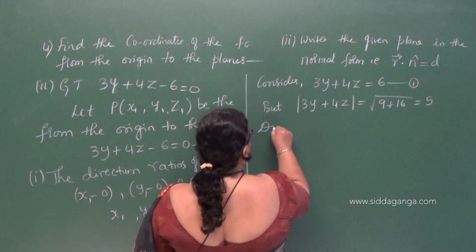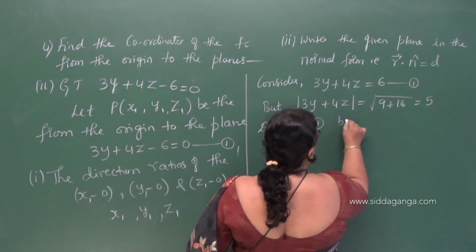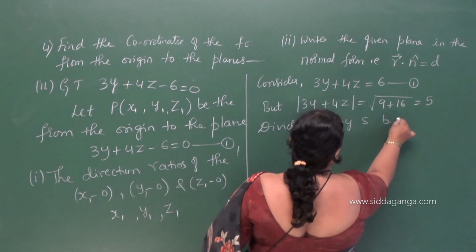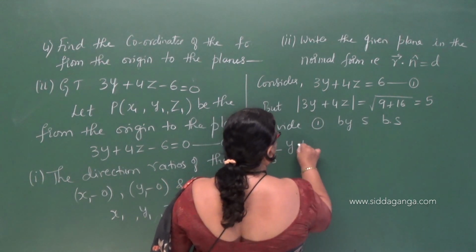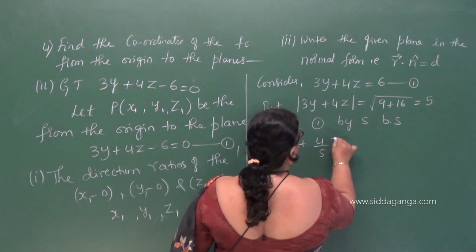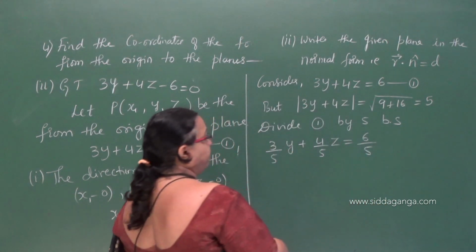So divide equation 1 by 5 on both sides, then we get 3 by 5 into y plus 4 by 5 into z equal to 6 divided by 5.